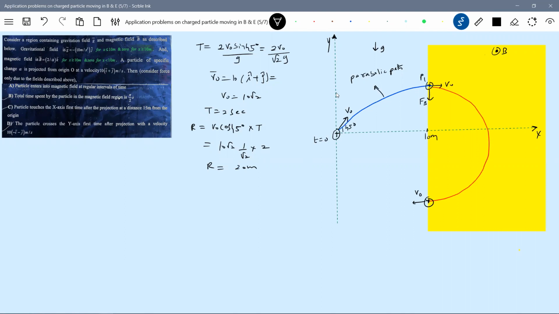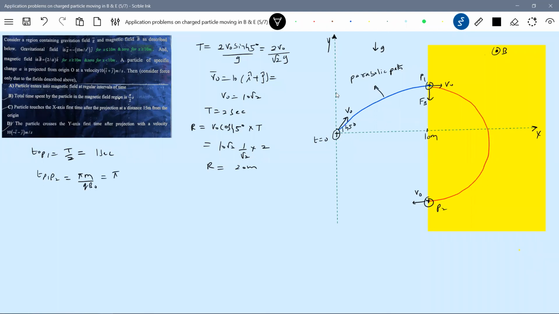So there's a time. Okay, we'll do one thing. We'll write P1, P2. Time taken to move from O to P1 is half of the time period, T by 2, which will be 1 second. What is the time taken to move from P1 to P2? Time period of revolution, pi m by q b naught.